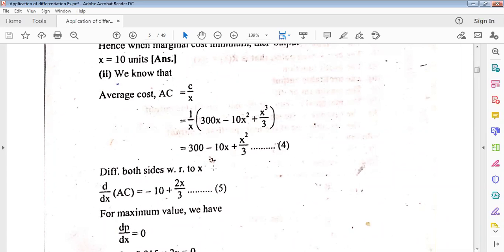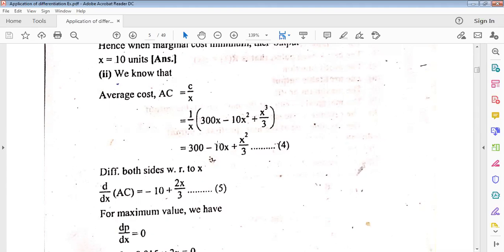Now differentiating on both sides with respect to x, d/dx of AC. This looks like y equals a function, y equals something, just dy/dx. Now taking d/dx on both sides, d/dx of AC equals this will be 0, and x differentiation is 1.